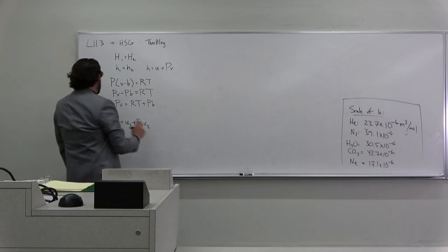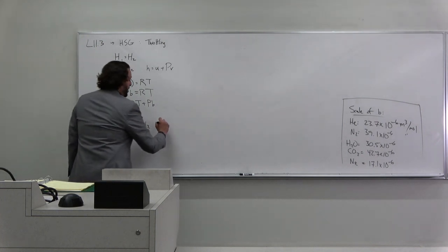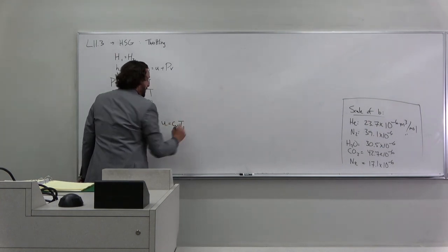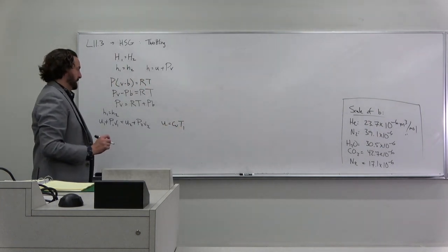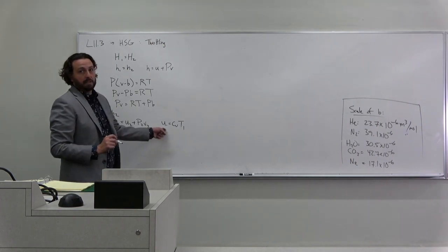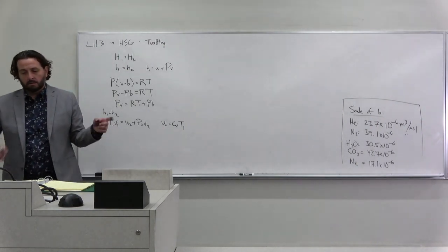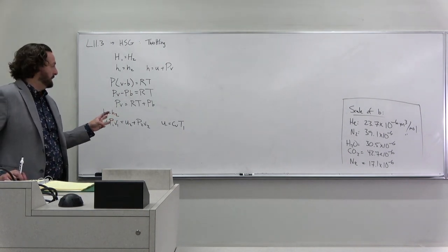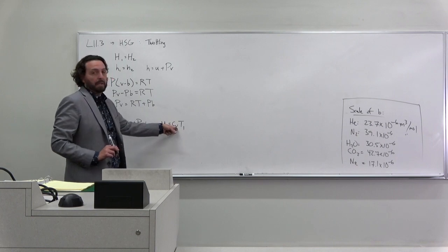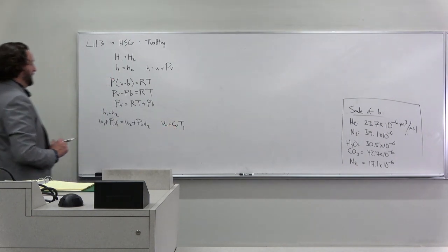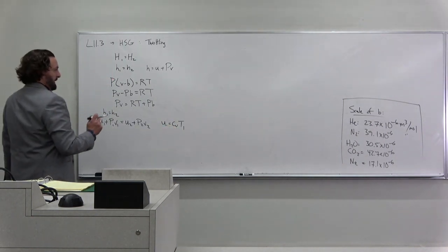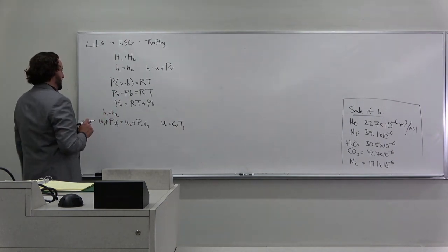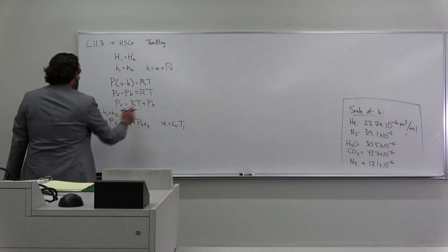Now, just like before, U1 is going to equal CV T1, as for an ideal gas. We'll do it for helium and for nitrogen, putting in the actual values. So let's plug in our gas.